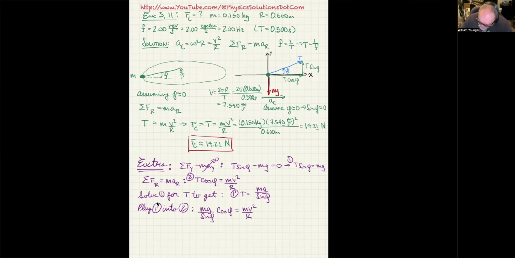Now you can see that the m on both sides means we can divide both sides by m, and that means the result is independent of m. And not only that, we can see that cosine over sine is 1 over tangent.